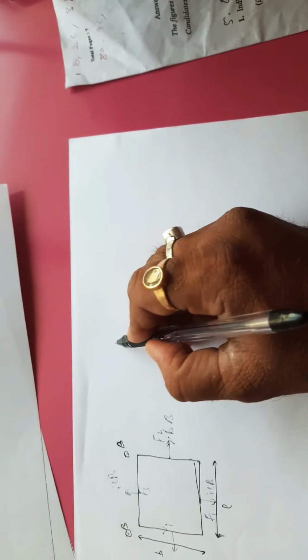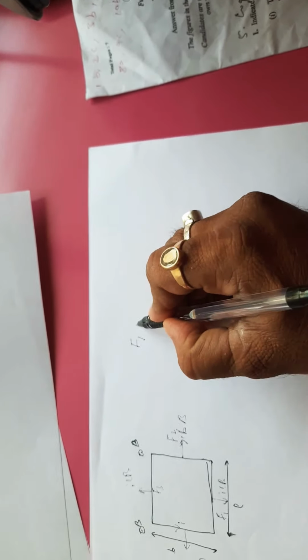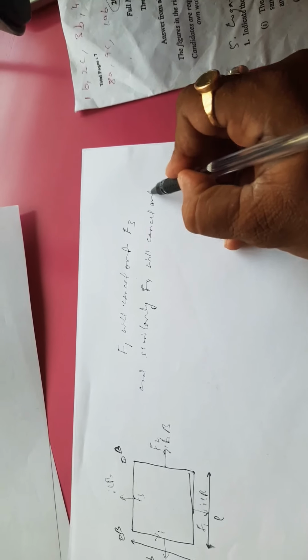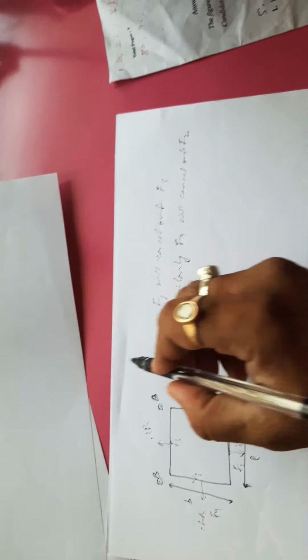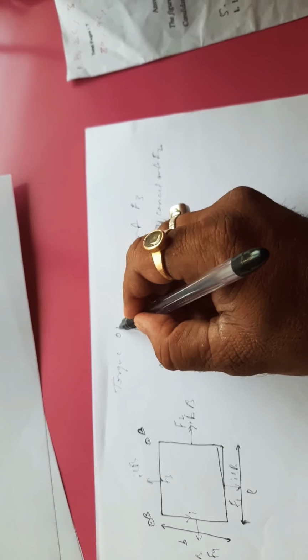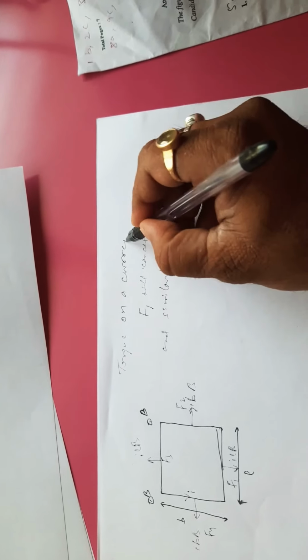We'll see that the force F1 will cancel out F3, and similarly F4 will cancel out F2. So this topic basically is torque on a current loop.